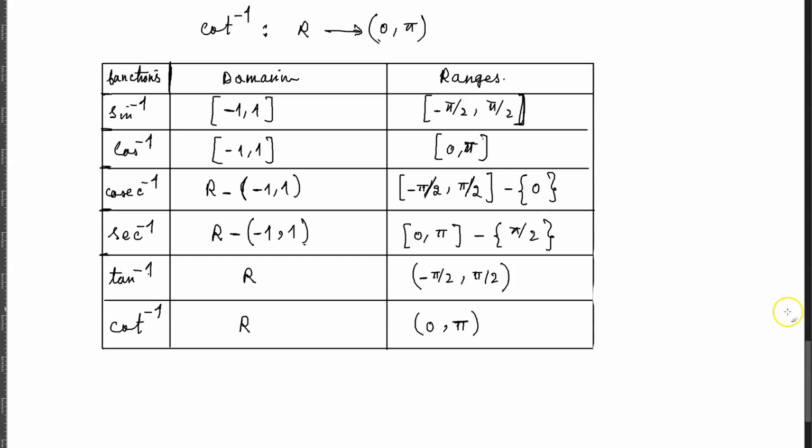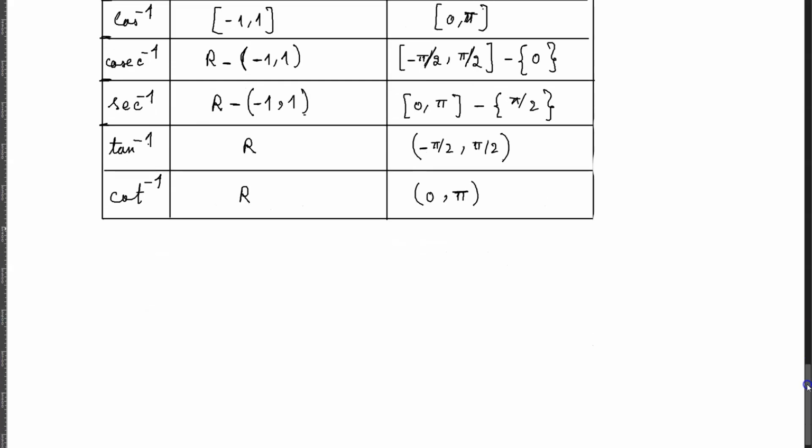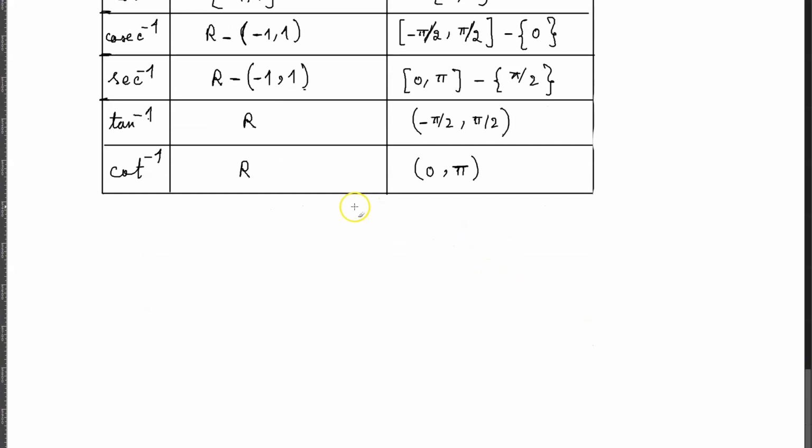Now, there is a couple of notes that we have here. We said that if you have f of x is equal to sine x, the inverse of this function, f inverse of x, would be sine inverse of x.